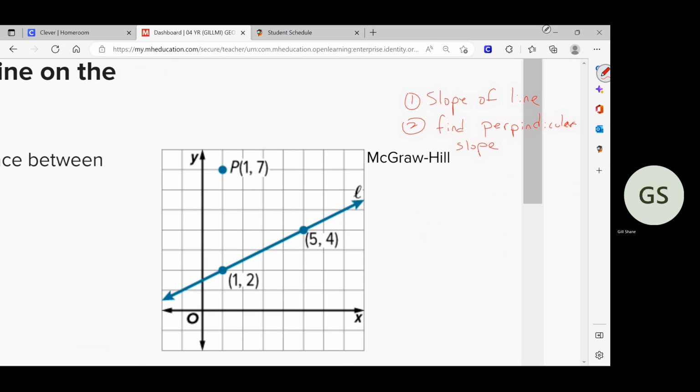Look at it. You have to know how to turn it into the perpendicular version, but you got all the numbers plugged in already for you on the slope part. I'm going to show you a different way that I would use slope.